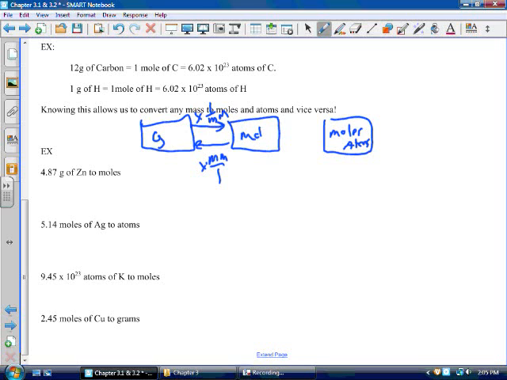If you have moles and you're going to atoms or molecules, you're going to multiply by 6.02 times 10 to the 23rd, which we call Avogadro's number, over 1 mole. And vice versa, if you're going from molecules or atoms back to moles, you're going to multiply by 1 over that number.